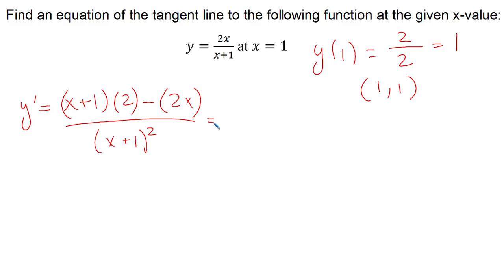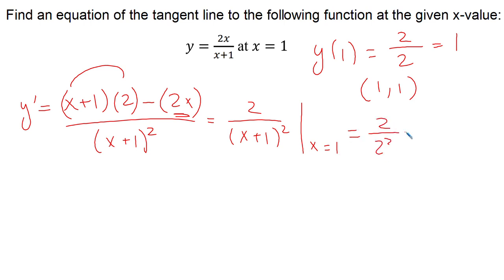If we simplify that down, the x times the 2 is 2x, and when we subtract this 2x, that'll cancel. So we're really just left with a 2 in the numerator. So we've got 2 over (x plus 1) squared. If we evaluate that at x equals 1, that's just 2 over 2 squared, or 2 over 4, which is 1/2.